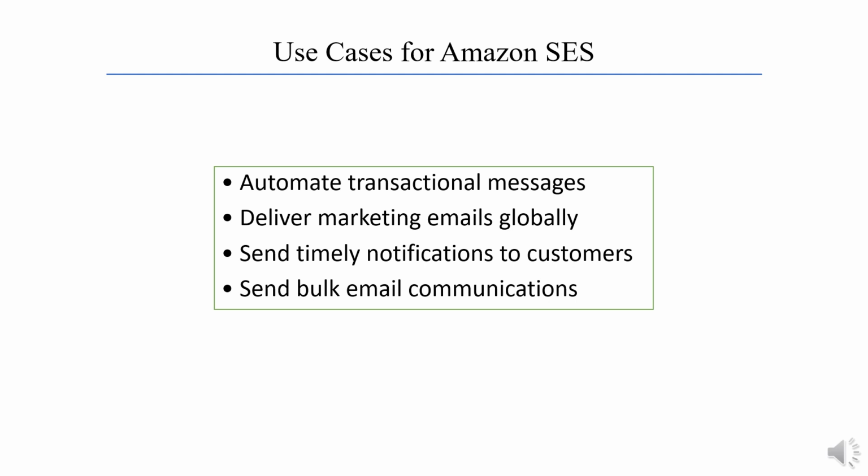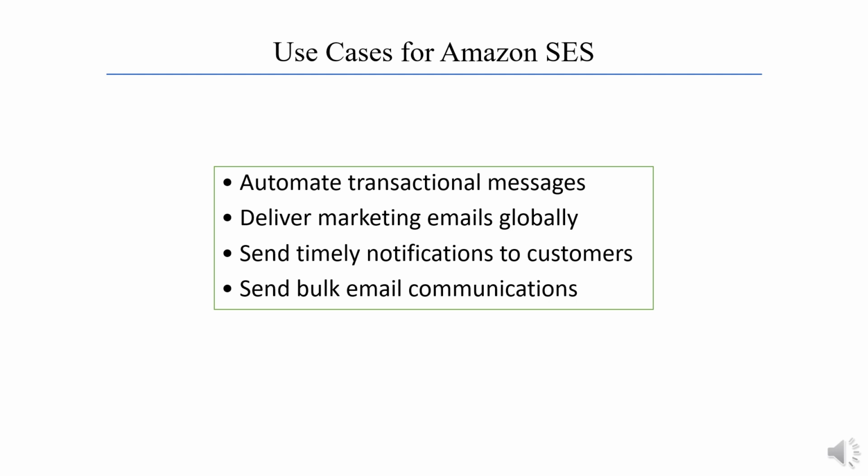Automate transactional messages. Keep your customers up to date by sending automated emails such as purchase or shipping notifications, order status updates, and policy change notices. Deliver marketing emails globally. Tell customers around the world about products and services through newsletters, special offers, and engaging content.